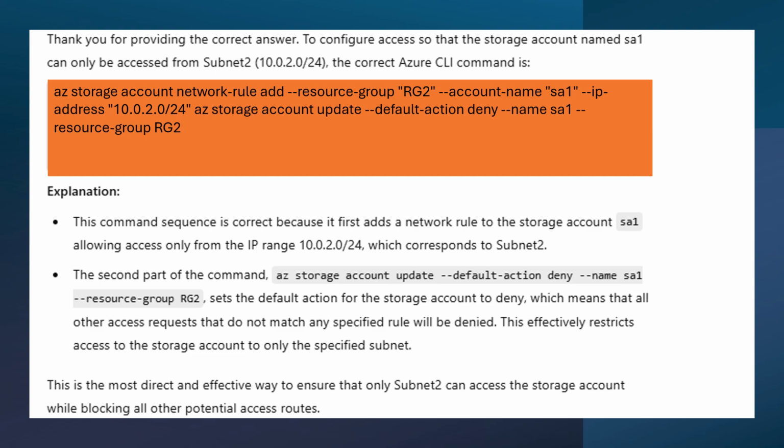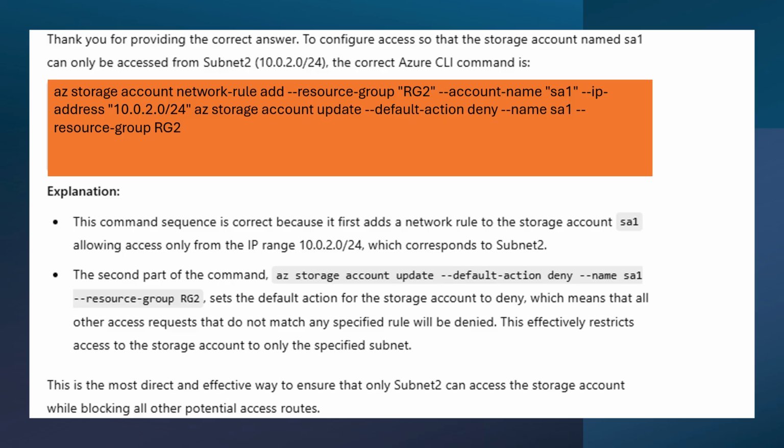The second part of the command, az storage account update --default-action deny --name SA1 --resource-group RG2, sets the default action for the storage account to deny, which means that all other access requests that do not match any specified rule will be denied.